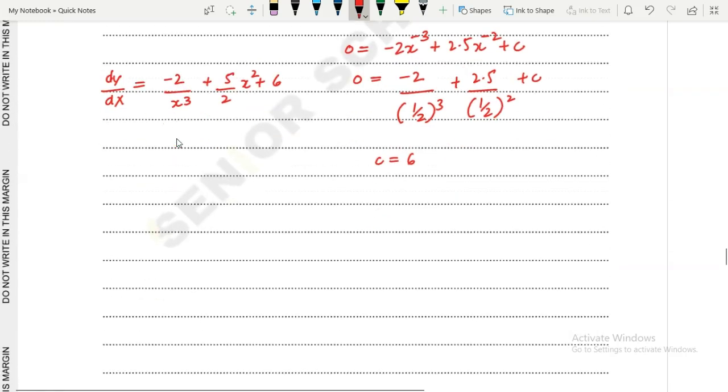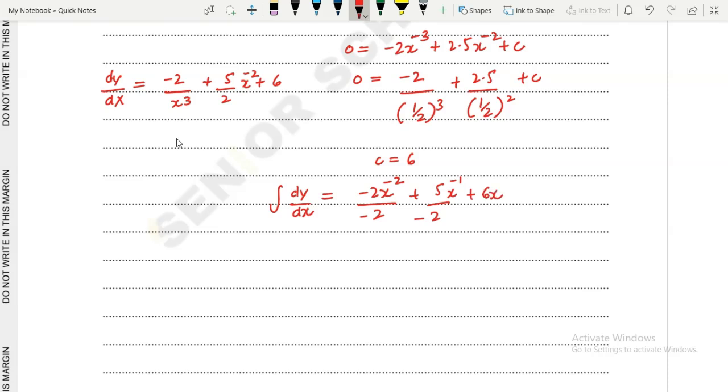Now we have to integrate it once more, so dy by dx integrated once more comes out to be minus 2x, one power is reduced, so it becomes minus 2 divided by minus 2, and then plus 5 by 2 divided by x power minus 2. Okay, so this is minus 2, this becomes minus 1, so just divide by minus 1, and then we have plus 6x and plus c.